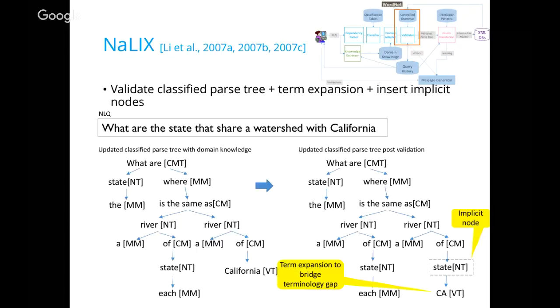So instead of California, now we have CA as the value. Then remember, before we did not have "state", right? So the system also has some way to identify an implicit node and insert it into the path tree so that we know, okay, California is actually a state. So this will simplify the job of doing query translation.